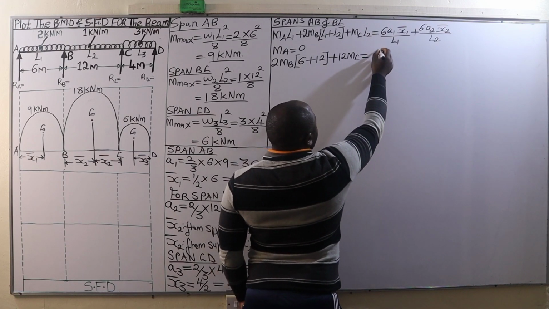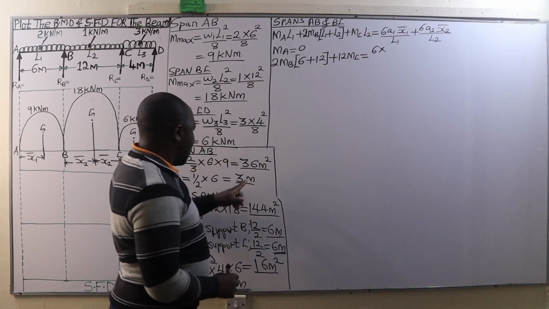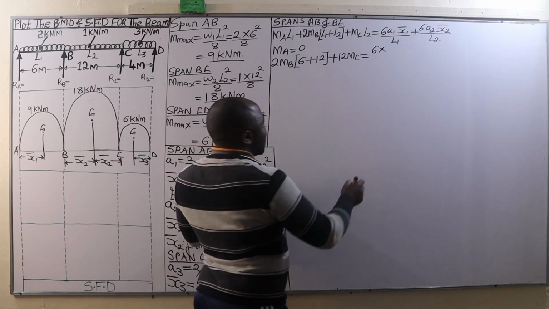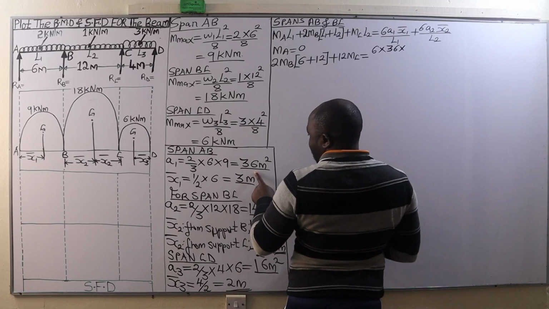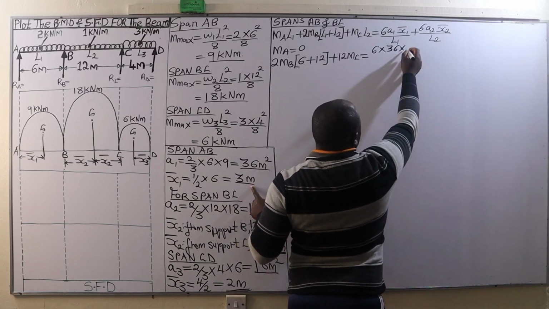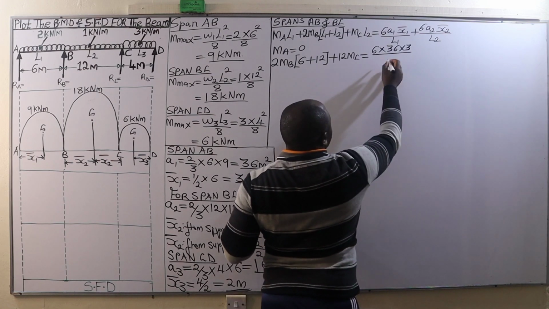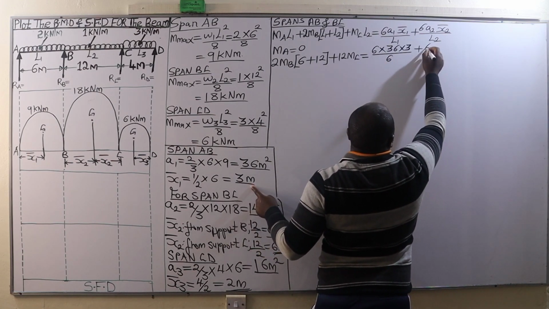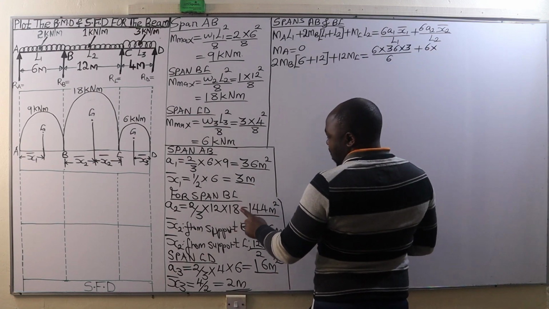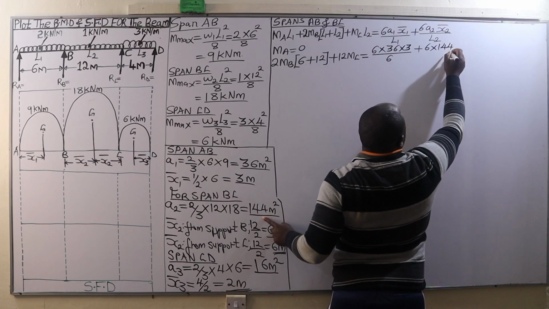being equal to 6 multiplied by A1, and A1 is 36 square meters, so we multiply that by 36. We multiply by x1, which is 3 meters, and then we divide that by L1, which is 6 meters. We add 6 times A2, which is 144 square meters.